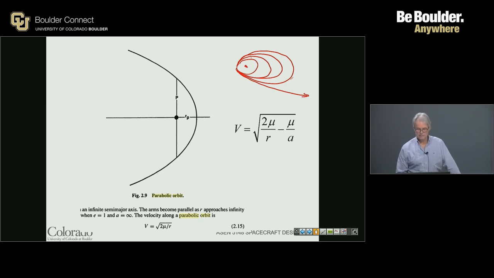Okay? So the semi-major axis becomes infinite. This term goes away, and we're left with velocity being just the square root of 2 mu over r. This is not a particularly useful orbit, but it's also known as the escape velocity for a planet.